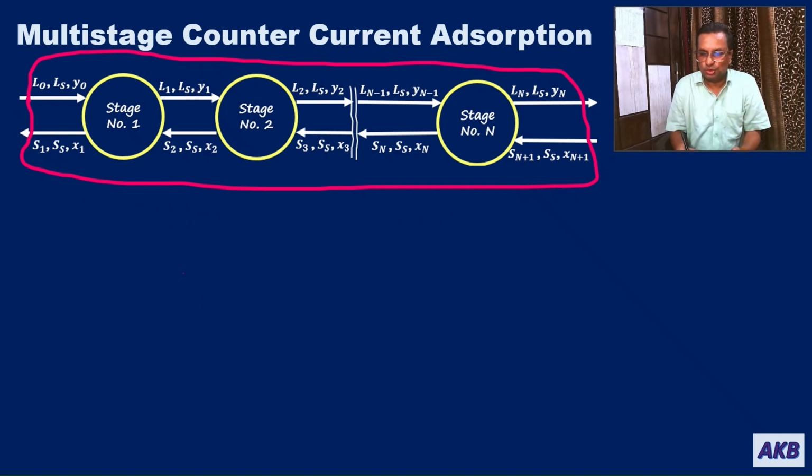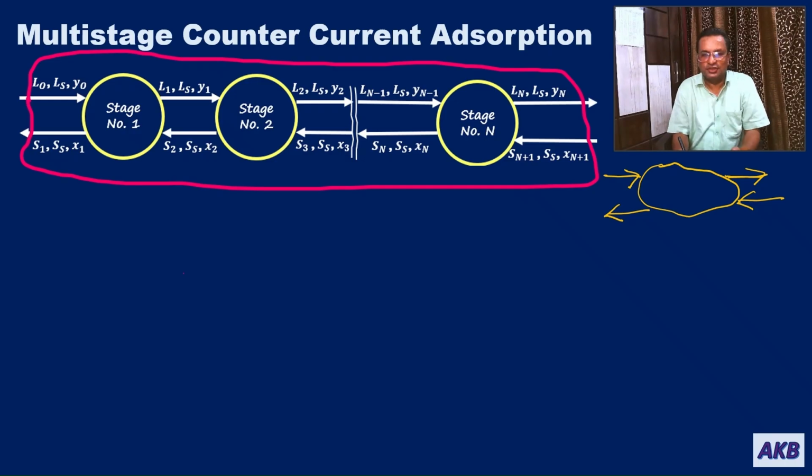So if you have to show the envelope separately, I can show it over here. If this block is representing the cascade, the envelope, then how many streams are associated with this envelope? You have the entering adsorbent phase, the entering feed solution, the liquid solution that comes out of the operation, and the solid adsorbent phase that comes out of the operation.